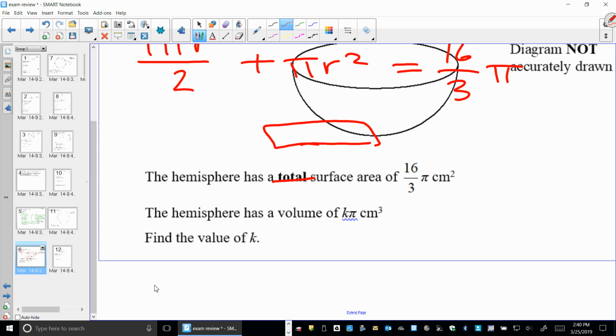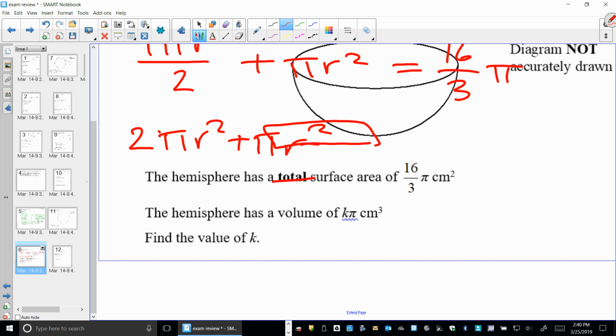Okay, so to simplify this, you can see 4 pi divided by 2, so you can just simplify that to... what did I actually do? Yeah, 2 pi r squared plus pi r squared.